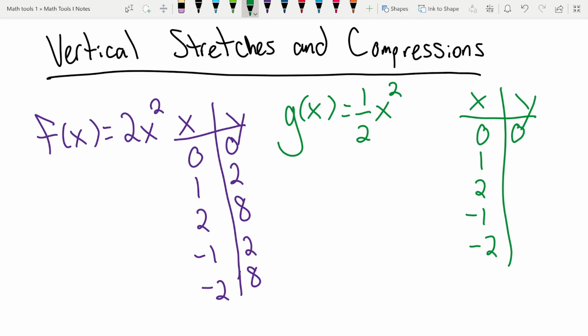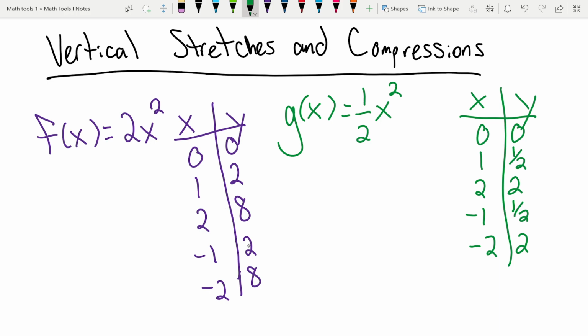If we plug in 1, we're going to have 1 squared, which is 1, and then times 1/2. So we're going to have 1/2, right? So basically all the outputs of the parent graph are being multiplied by 1/2, in other words, divided by 2, right? So 2, 4 is going to be then 2, 2. And then same with these 2 points, since it is going to be symmetric still.